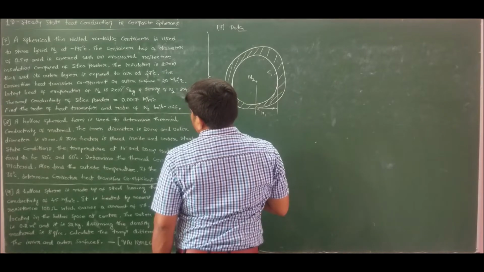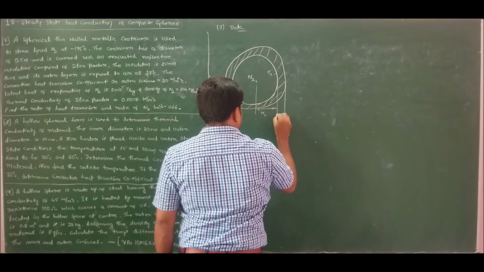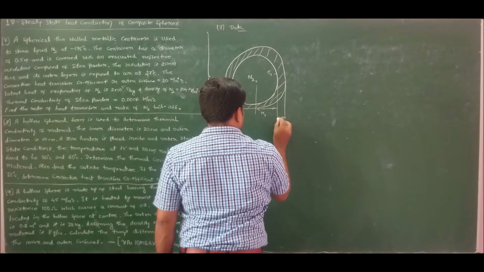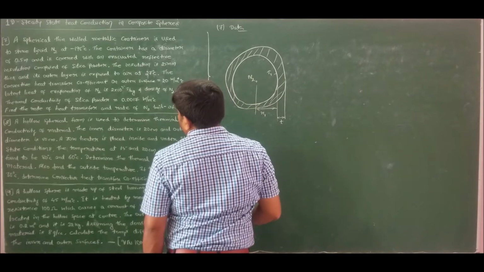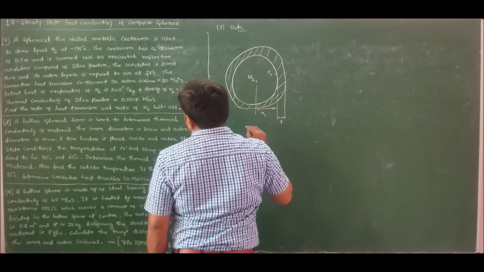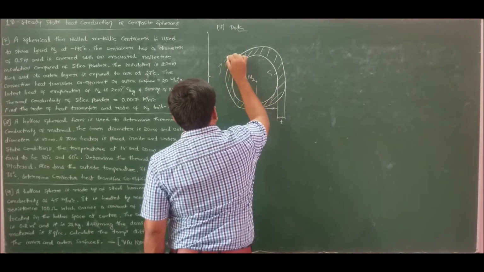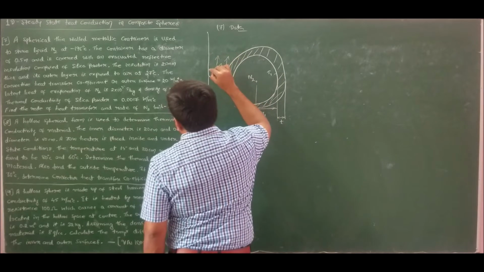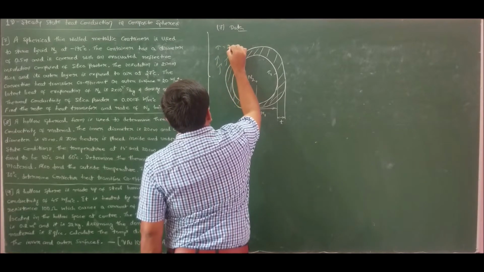The insulation is 25 mm thick. We have specified the thickness of insulation, and its outer layer is exposed to ambient atmosphere which is at 27 degrees Celsius.